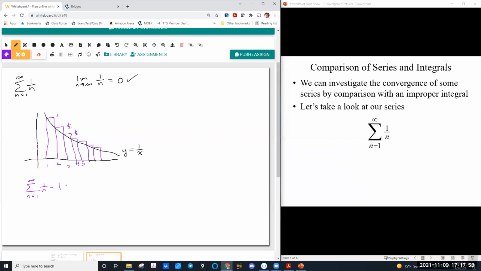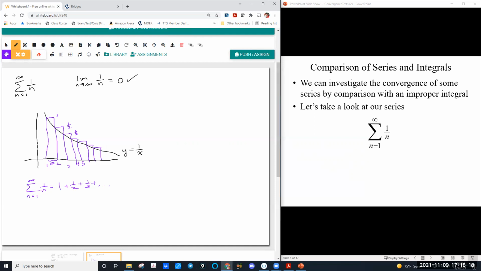Well, the first term is 1, second term is 1/2, 1/3, so on and so forth. It turns out the left-hand rule, with delta x being 1, is exactly equal to this series.